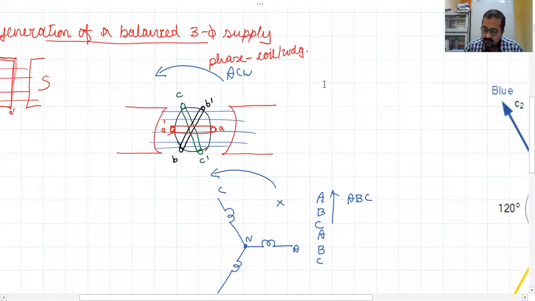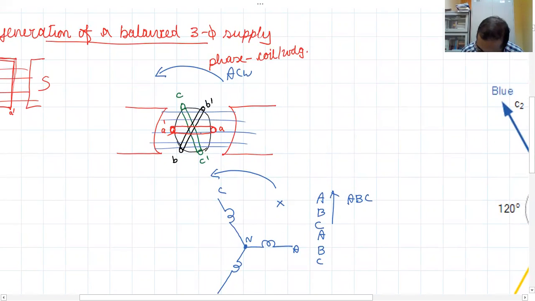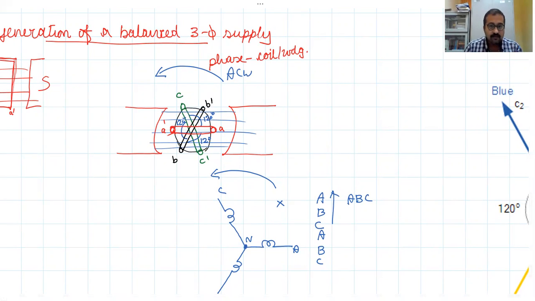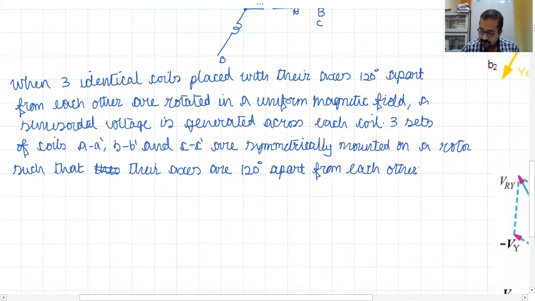See, what is the angle between A and B? Angle is 120-degree. Between B and C, angle is 120-degree, and between C and A, the net angle is 120-degree. So all the three coils are placed on the rotor 120-degree apart from each other. That is what I have written here.